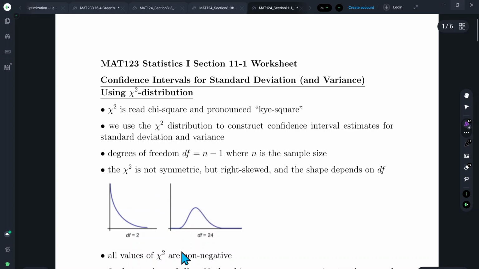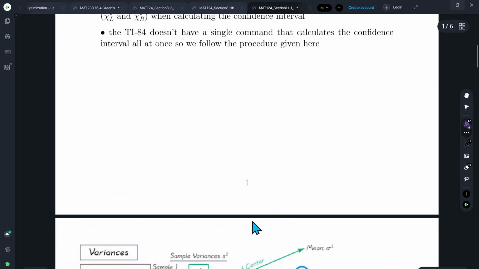For very large degrees of freedom, it gets closer to the normal distribution. So this distribution is not symmetric, but is right skewed, and the shape depends on the degrees of freedom.